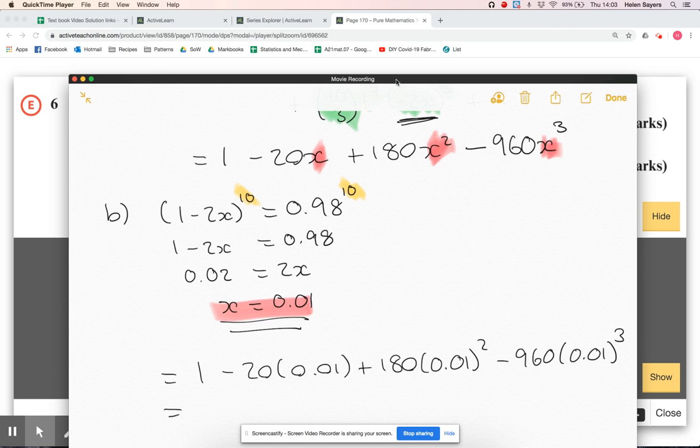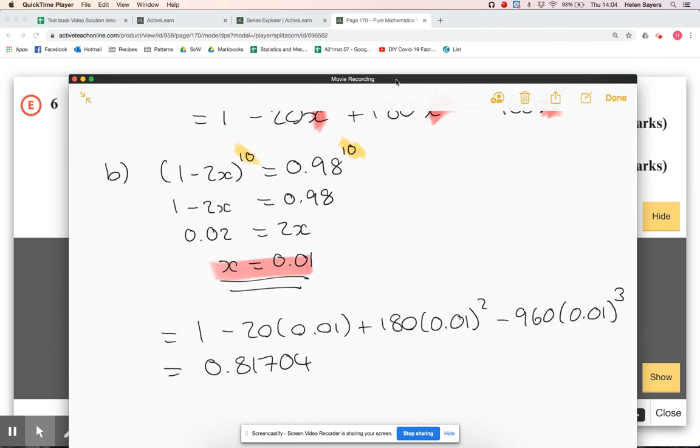And then, as I said, that is going straight into my calculator. Okay, so I'm getting that to be 0.81700. So I would write that whole thing out, because that obviously shows I've used the correct method, assuming I've got the correct value. And then I can give it to 3 significant figures.